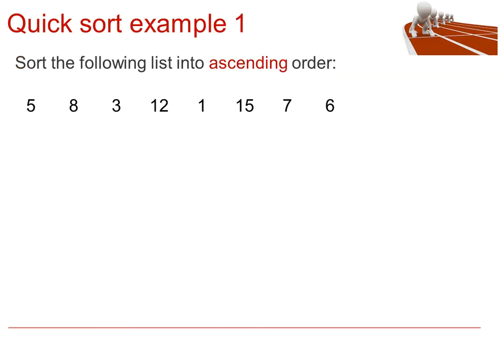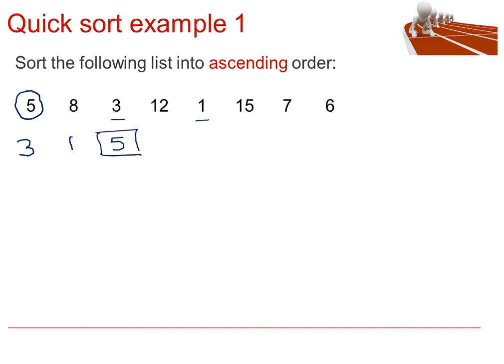In this example, we're asked to sort the following list into ascending order. So, choosing the pivot as the first number in the list, that will be the 5. We then write down all the numbers that are smaller than 5, in this case the 3 and the 1, keeping them in their original order, so still 3 and then 1, to the left-hand side of that pivot 5.